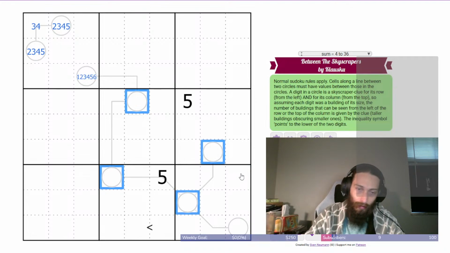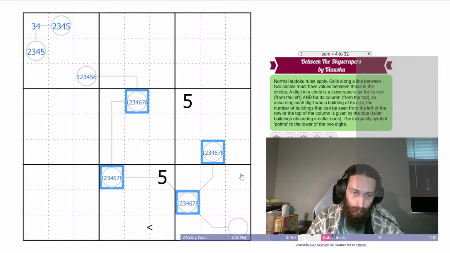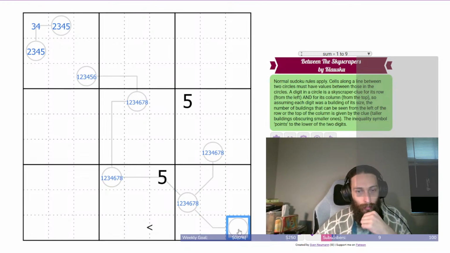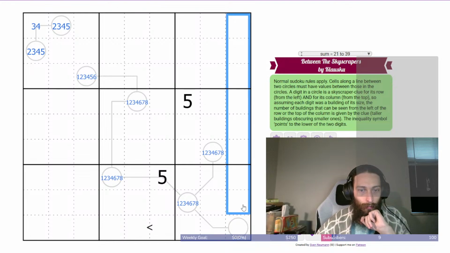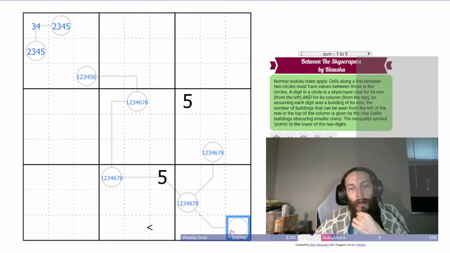And I guess considering the rest of these, none of which can be a 5, none of them can be a 9. The only circle that can be a 9 is this one in the bottom right corner, because that would allow 9 from both directions, just it being in order.